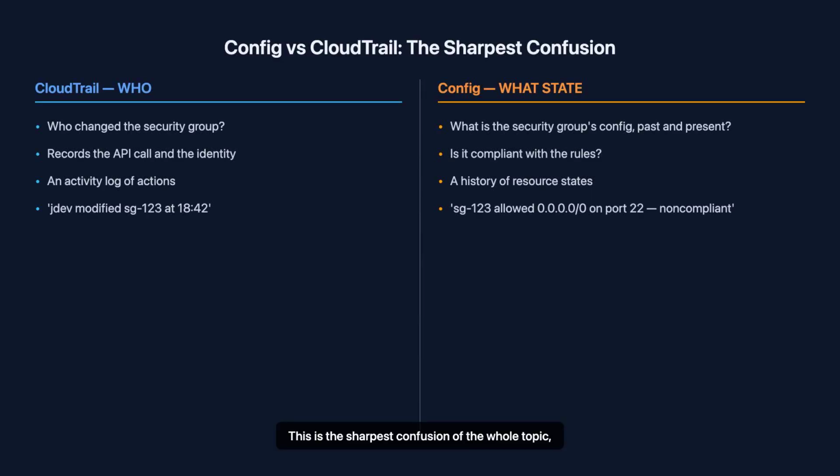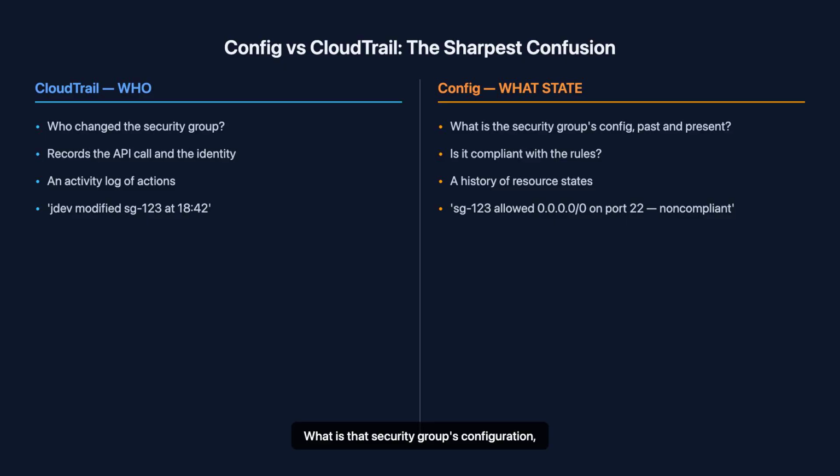This is the sharpest confusion of the whole topic, so let's draw the line clearly. Take a security group that got changed. CloudTrail answers who. Who modified that security group? It records the API call and the identity behind it, an activity log of actions, like the junior dev modified SG123 at 6:42. Config answers what state.